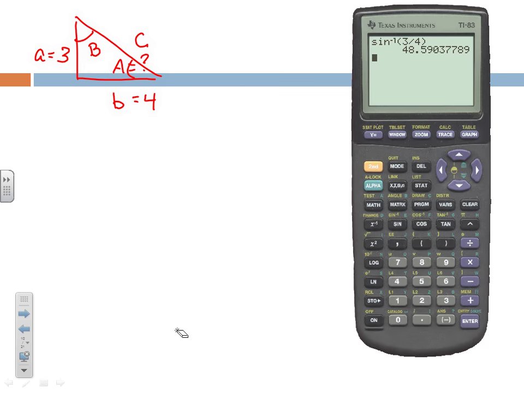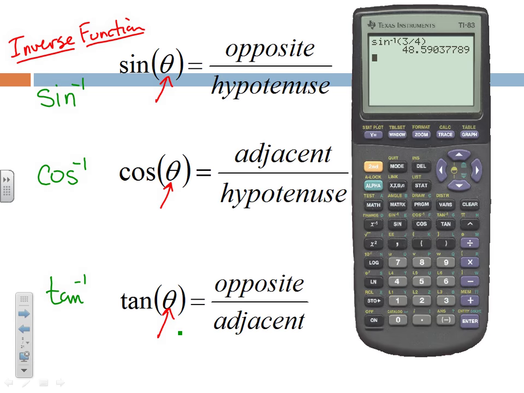So I'm going to ignore angle B, and I'm going to ignore the hypotenuse C. So side A is opposite angle A, side B is adjacent to angle A. So I'm going to use the function that uses opposite and adjacent.